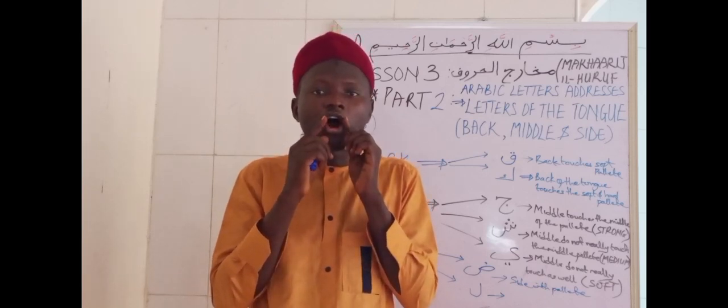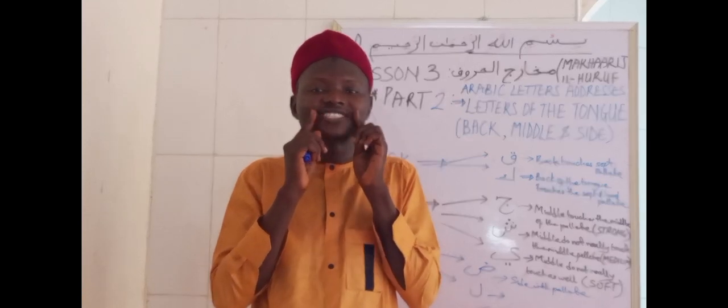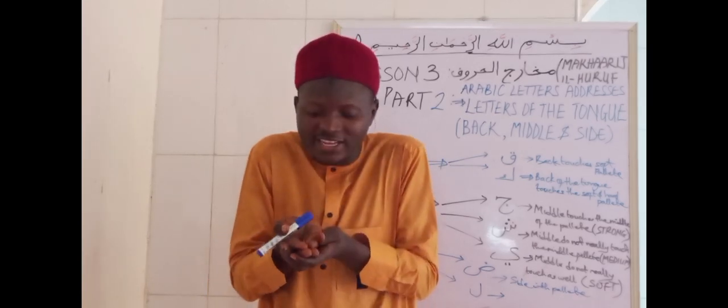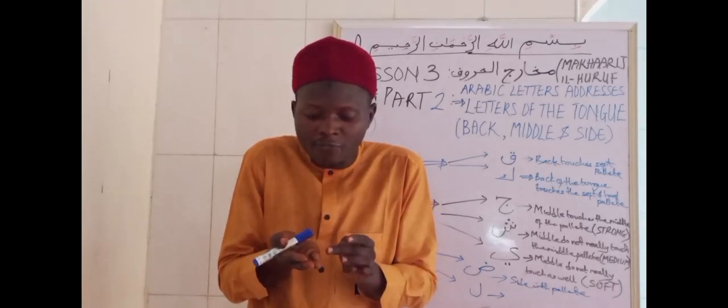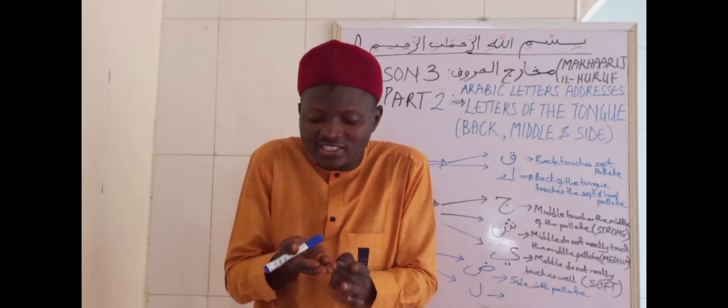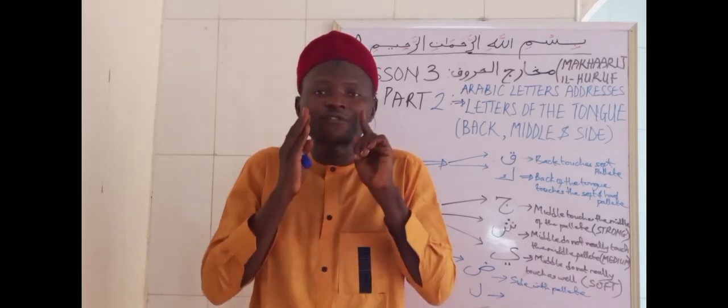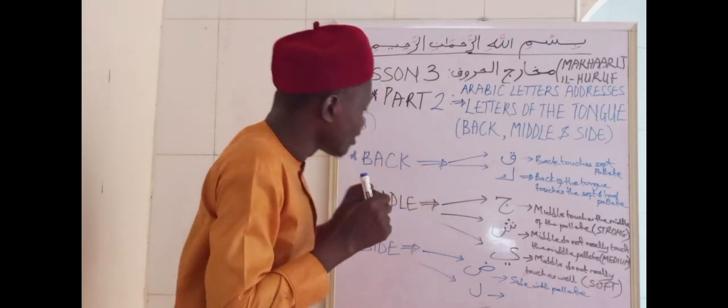For dad, it is the full length side when your tongue curves like this, so the full length side touches the upper palate. But for lam, it is just only the side here and the side here. That's the frontal part of the side of the tongue.